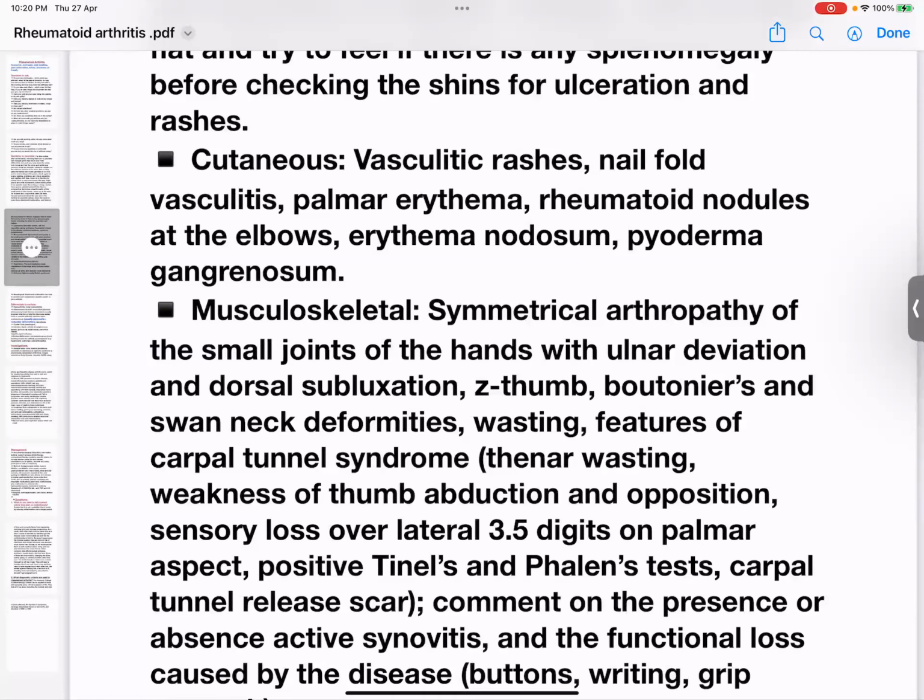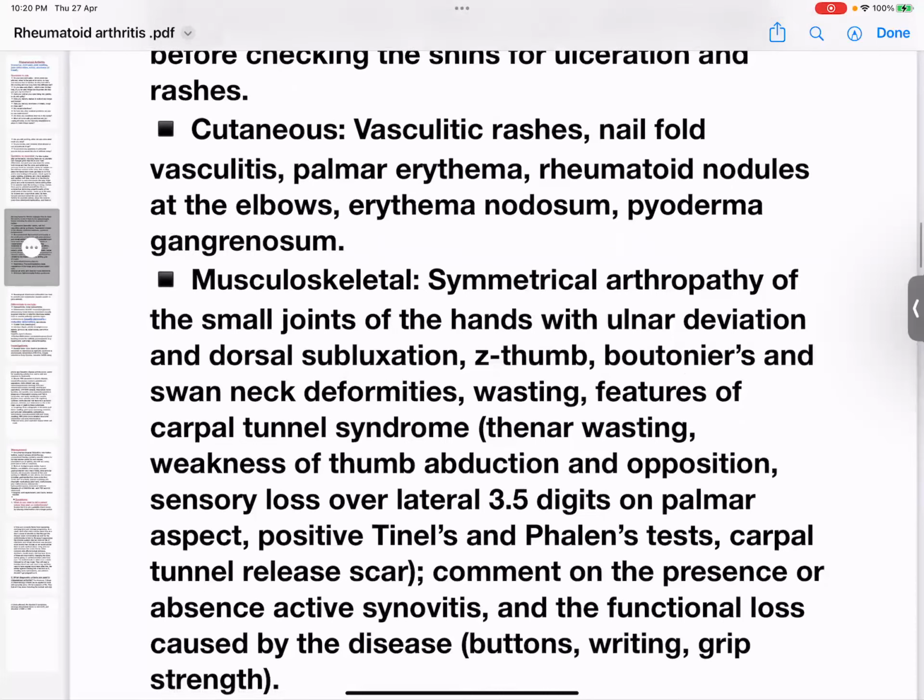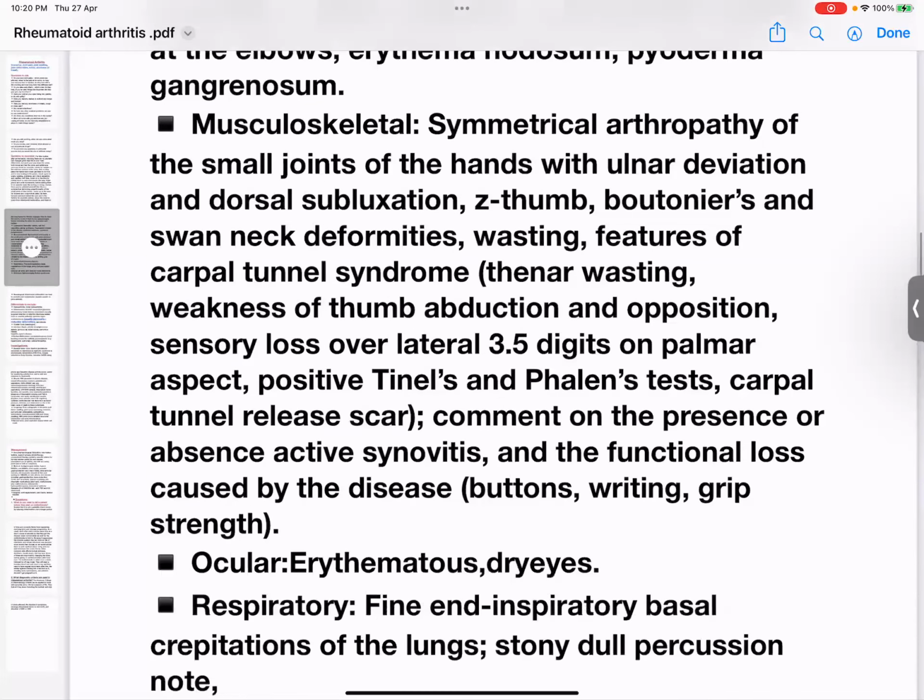Musculoskeletal system: symmetrical arthropathy of the small joints of the hands with ulnar deviation. This is how you present your case in the exam. And please never forget to examine for carpal tunnel syndrome. So how to present your case?